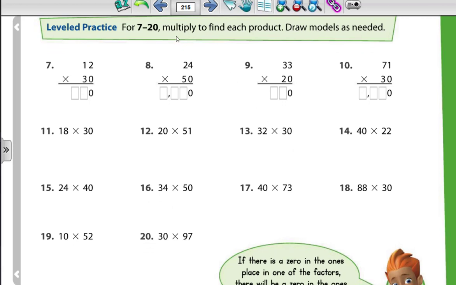In these questions, for 7 to 20, multiply to find each product and draw models as needed. We will solve only one of these using a model. So I will solve the first one, 12 multiplied by 30.